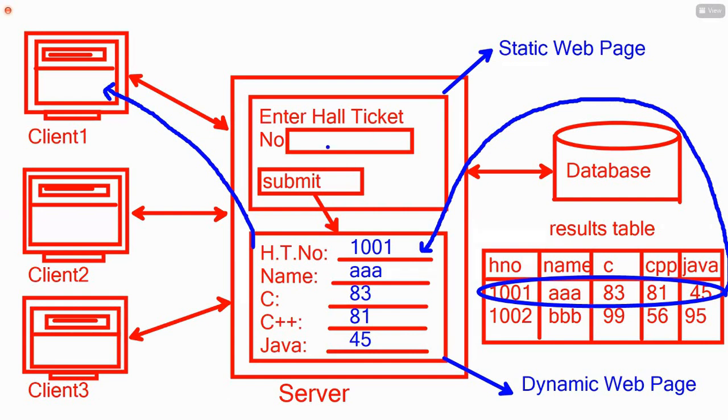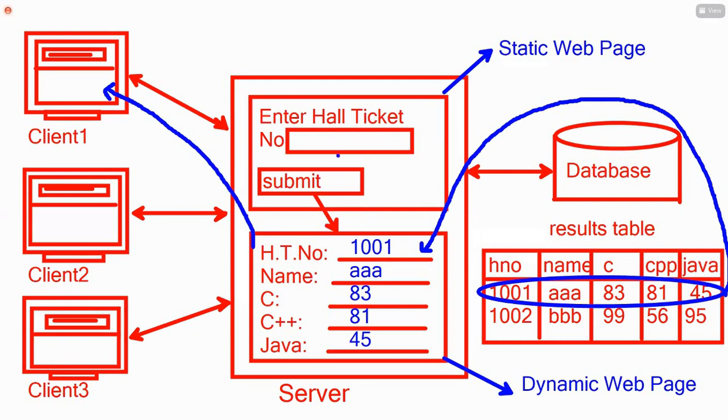Common to all users. This page is specific to the user. See, this one is complete as it is, and it appears the same for all people. But on this page, except for the data, everything appears the same. But the data will be different. For every hall ticket number, different data will be there. The remaining alignments and designing, font sizes and colors, background color, foreground color, and images will all appear the same. Data will be different. Okay.